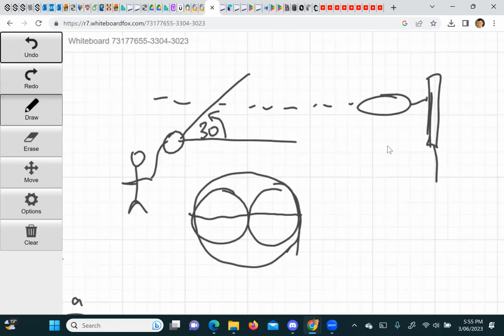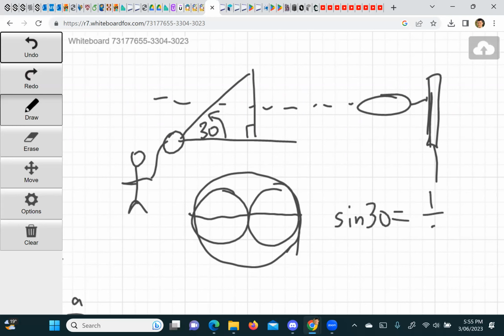So the official size of the ball is half the size of the ring. And you might also know that if you make a right angle triangle, the reason this 30 degree angle is significant is because sine of 30 is equal to half.